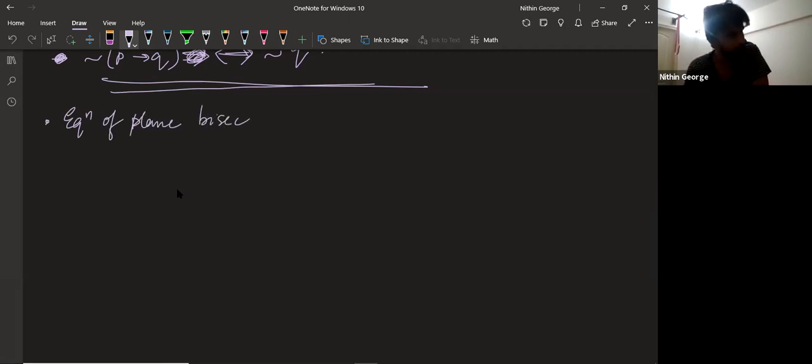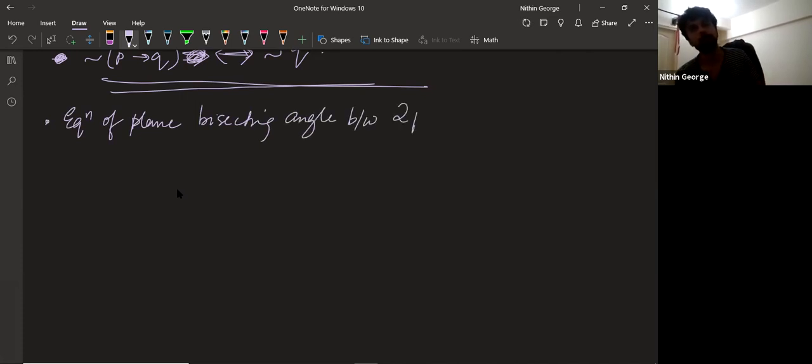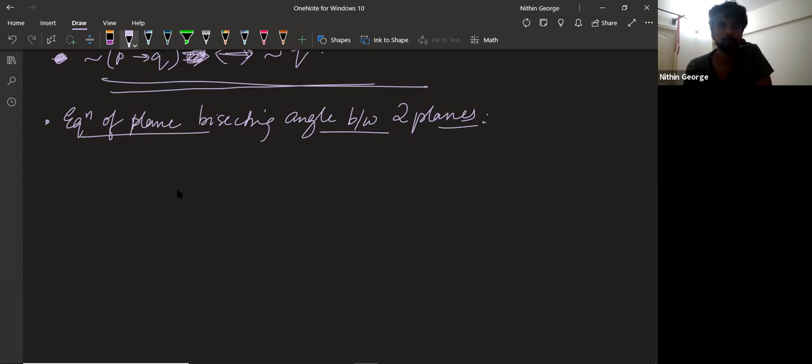Now, the equation of the plane bisecting the angle between two planes.